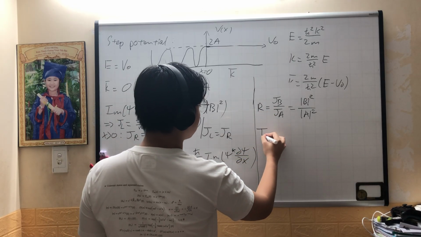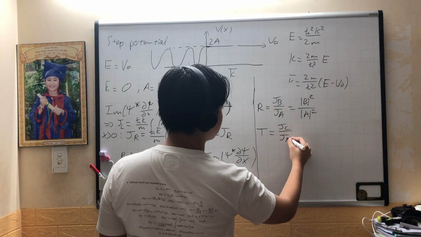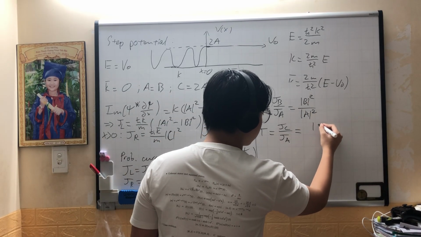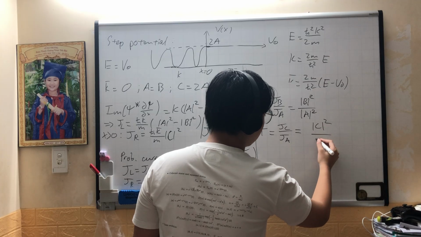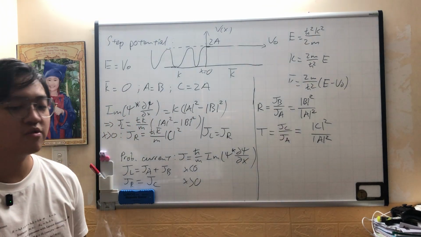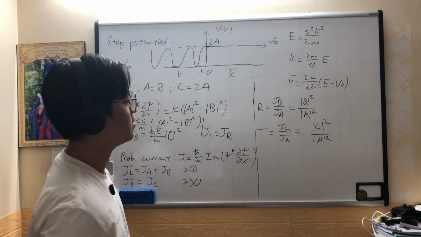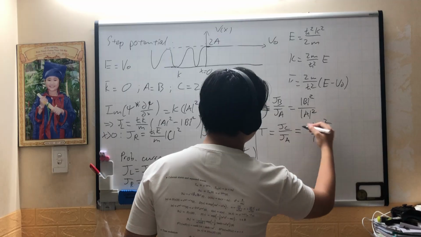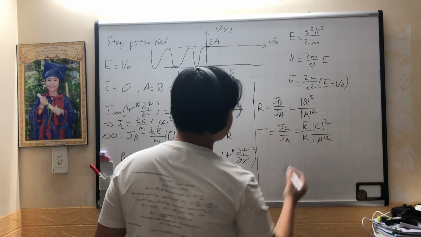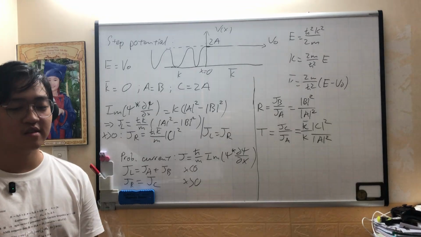Next is our transmission coefficient, which would be JC over JA. First you would think it is simply the absolute value of C squared over the absolute value of A squared. But you have to remember that these two have a different k, so you have to multiply by the ratio of k tilde over k. That is your transmission coefficient.